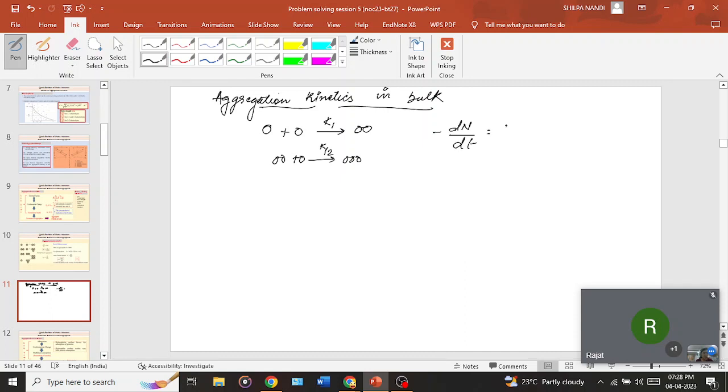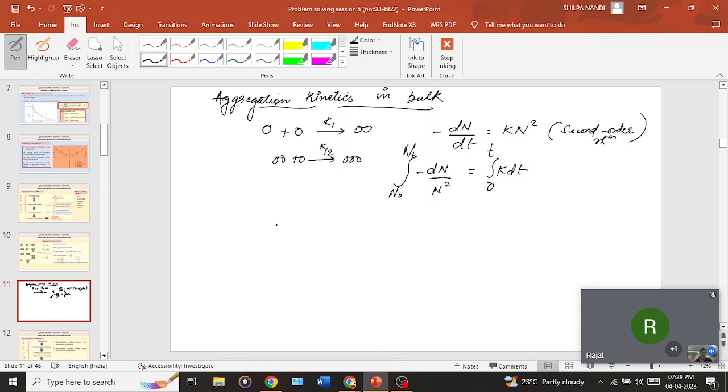And next, if we see, this follows a second order reaction basically, that is dN by dt is equal to Kn square. So this is a second order reaction. Again, if you take the initial n as n naught and the final as nt, and try to integrate it, and time as 0 to t, so we'll get something like this, right?